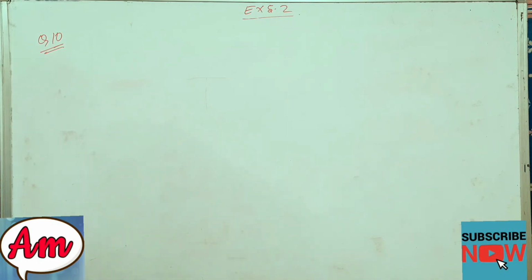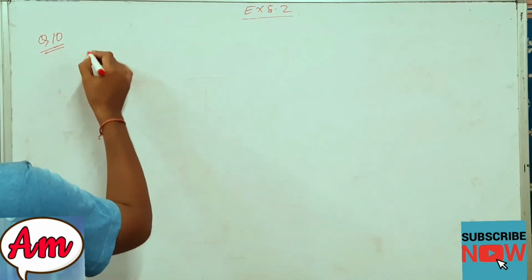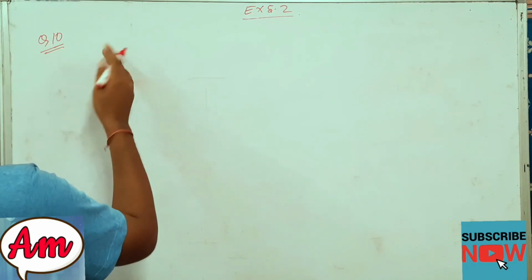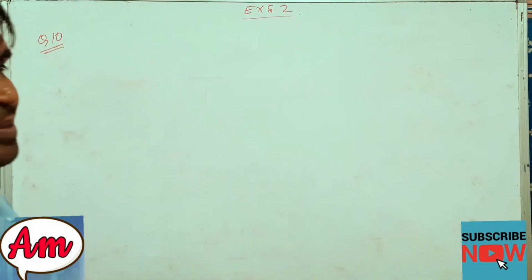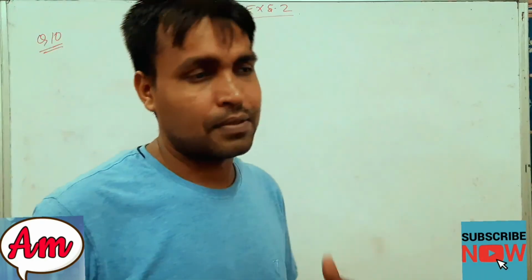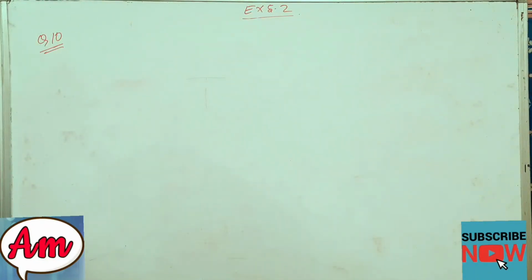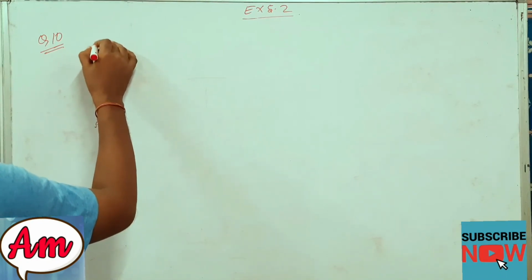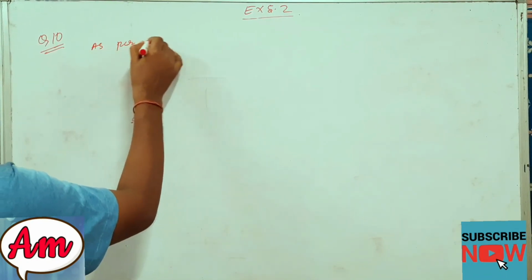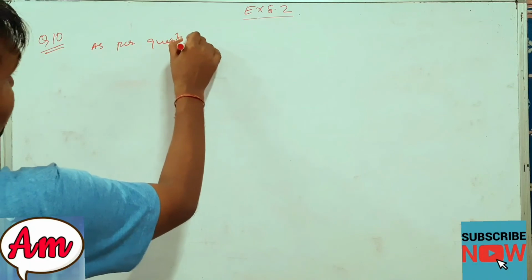So in this, what we have to do is, it is given in the question. Assumptions and all, no need to write. We know that a is the first term, d is the common difference. All these things we know, we don't need to write those things. So directly we write as per the question.